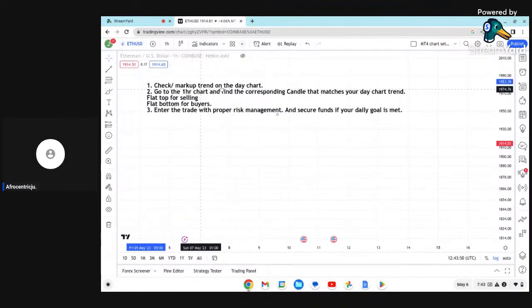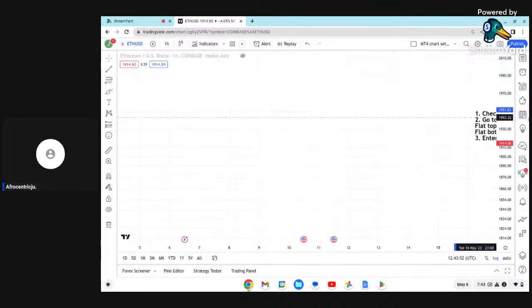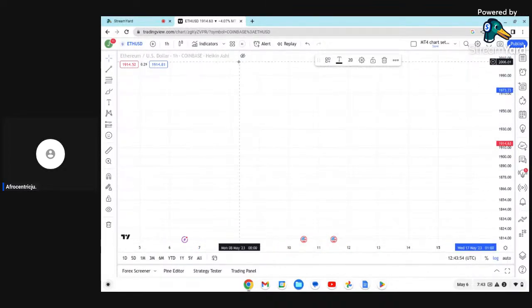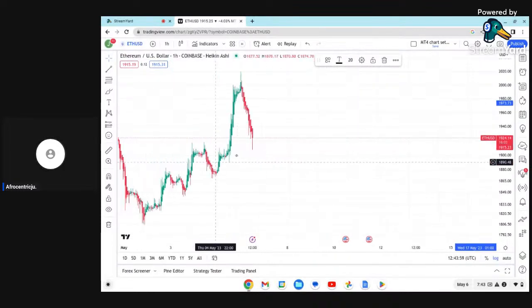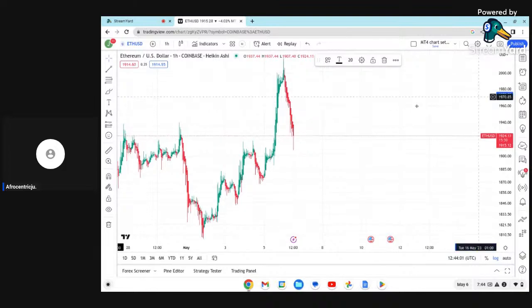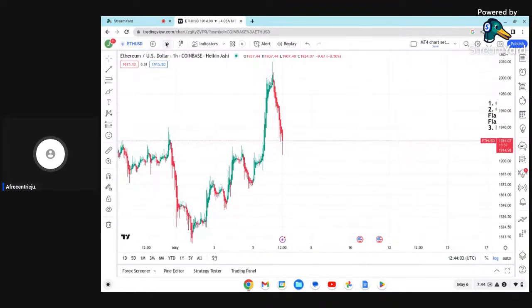So I'm actually going to put this aside and show you this. I'm on my 1 hour chart, and I can spot something in this area.